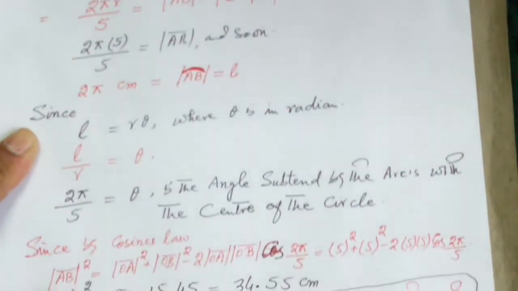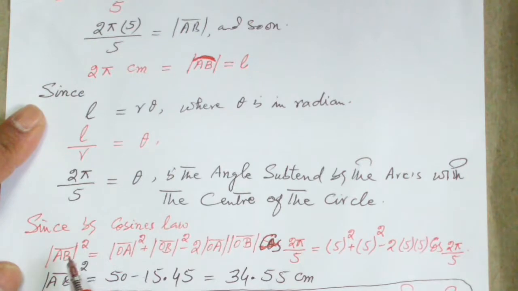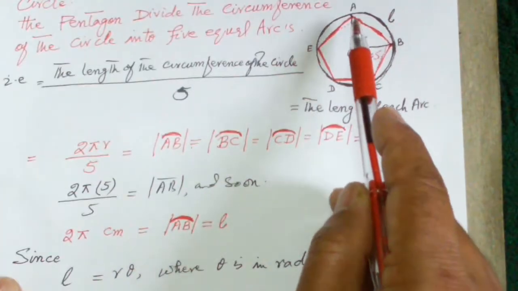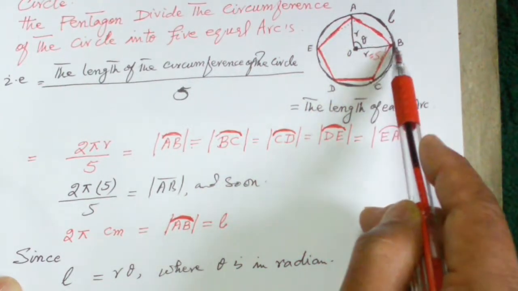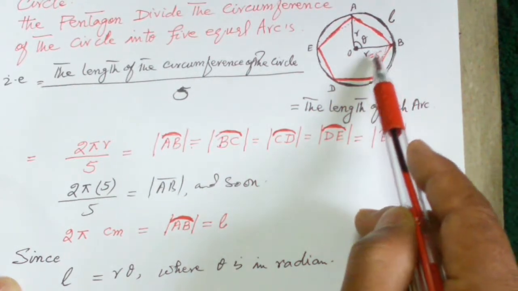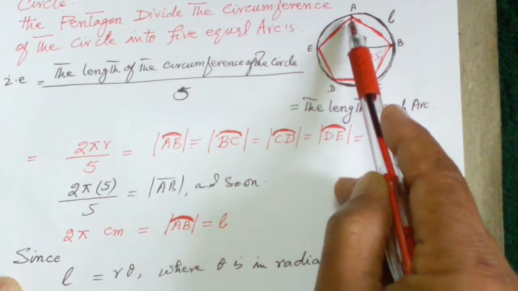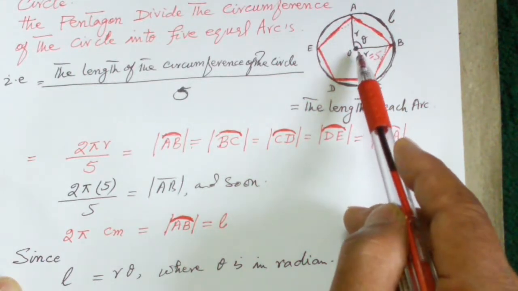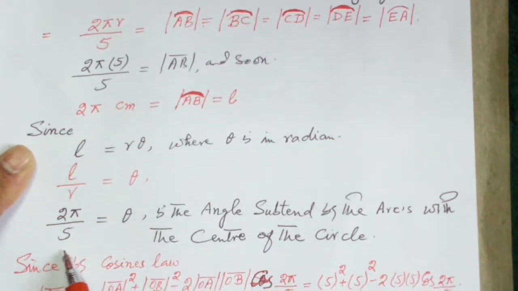From here we can apply the cosine law for the calculation of AB in triangle AOB. AB is required. OB is equal to R, which is 5 centimeter. OA is equal to R, which is 5 centimeter, and theta is equal to 2 pi divided by 5.